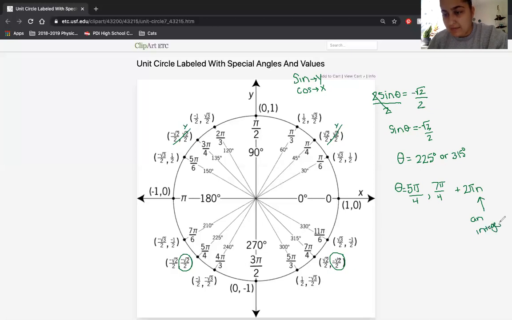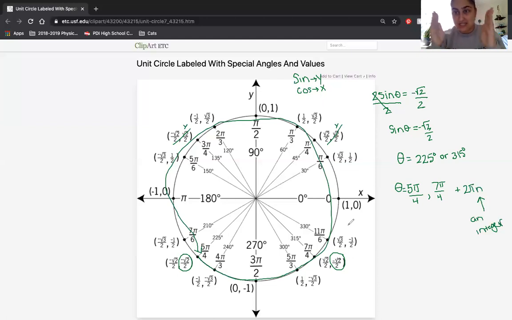This is saying that 5 pi over 4 makes it true. And then if I go all the way around the circle 2 pi again, I come back to 5 pi over 4, but it's really now 15 pi over 4 because I've added 2 pi. I've gone around the circle by 2 pi. This is the most mathematically correct way of saying it, solely because I didn't give you a constraint on what the angles are in one circle.